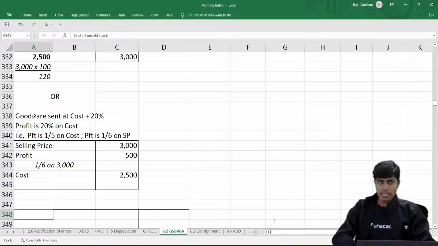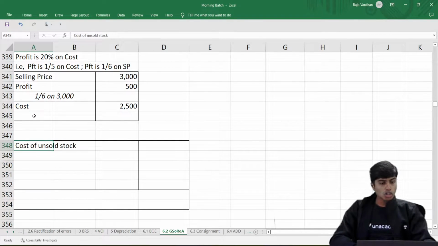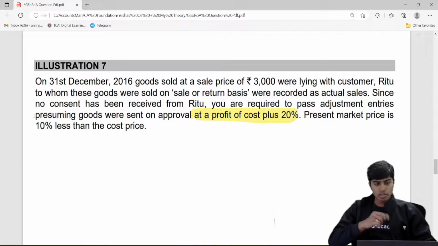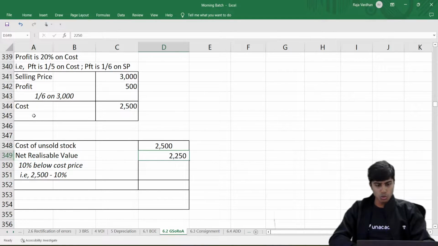Now, these are two options, but there's something mandatory that you need to do. Cost of unsold stock is 2,500, but how much is net realizable value? They've told us that net realizable value is 10% less than cost. So I will do 2,500 minus 10%, which is 2,250.